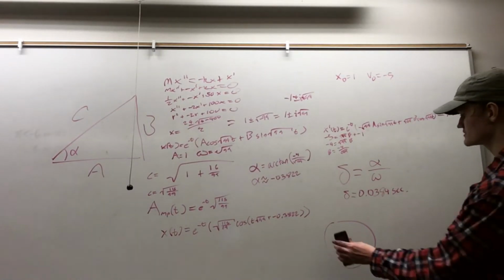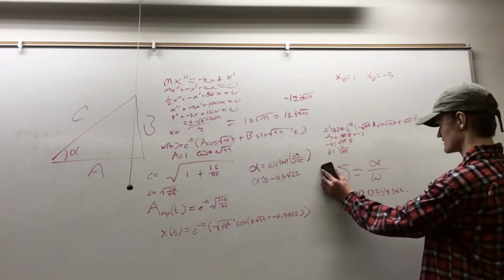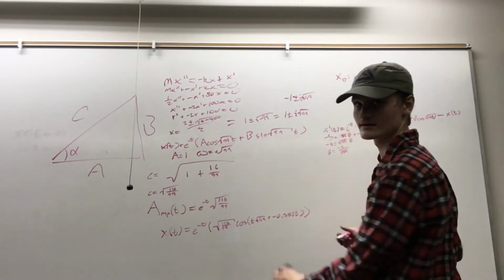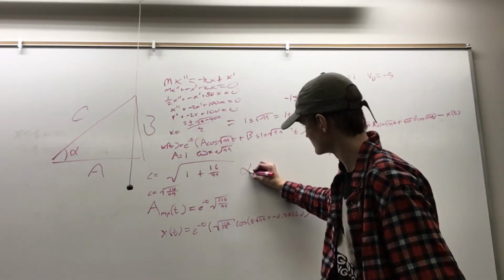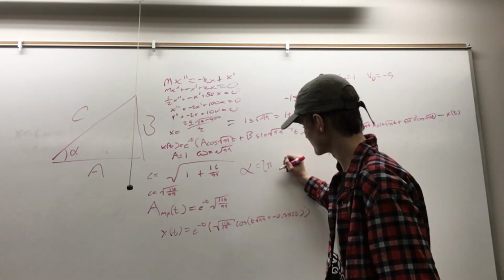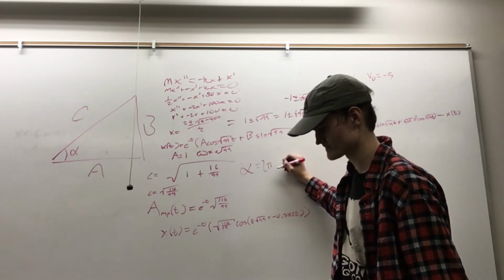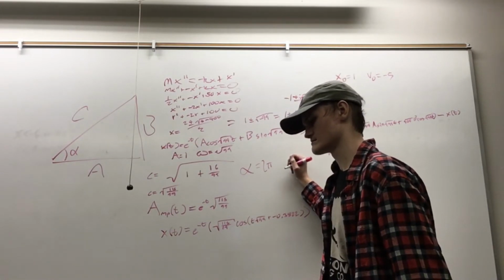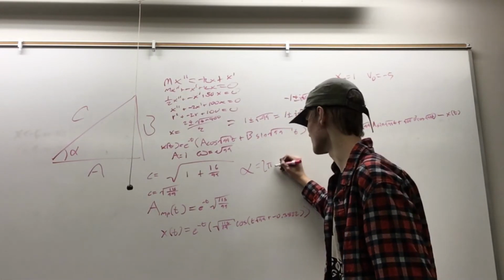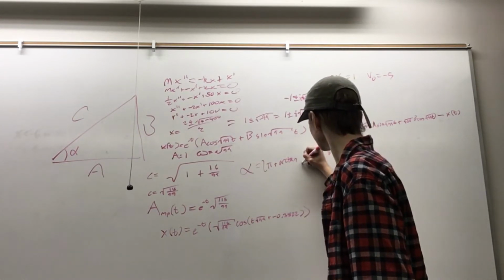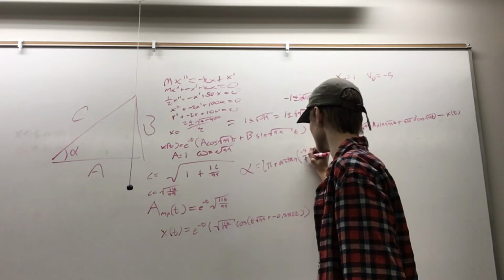So what I should have instead done is I should have said alpha equals 2 pi plus arctangent of negative 4 over root 99.